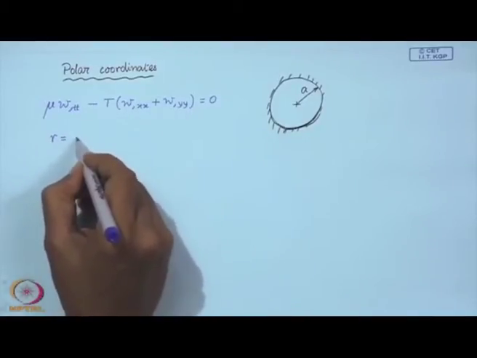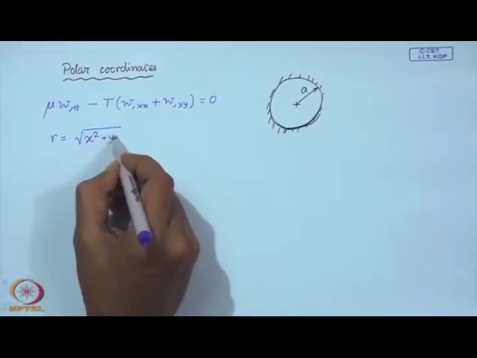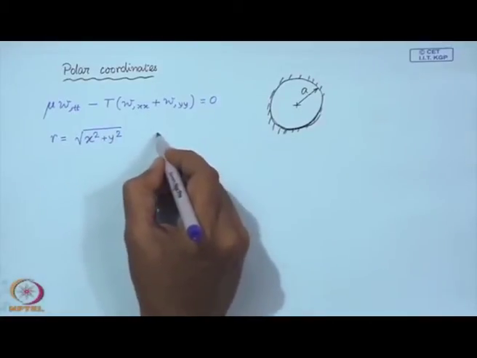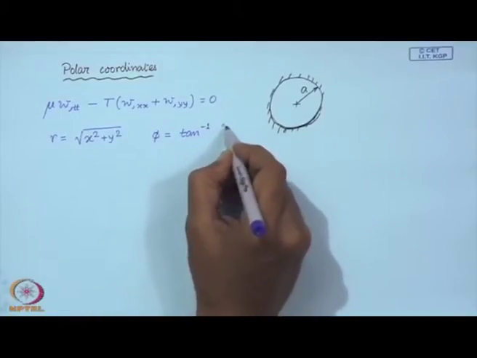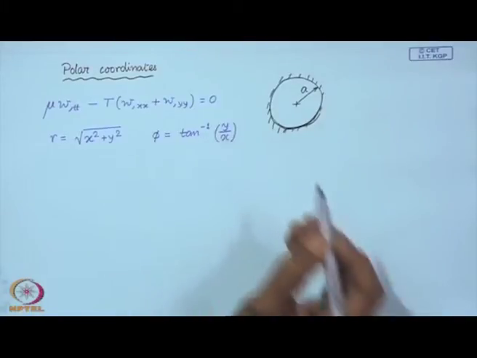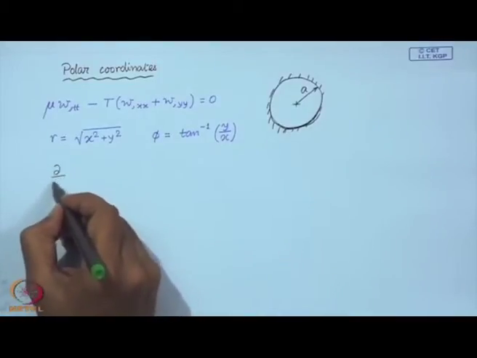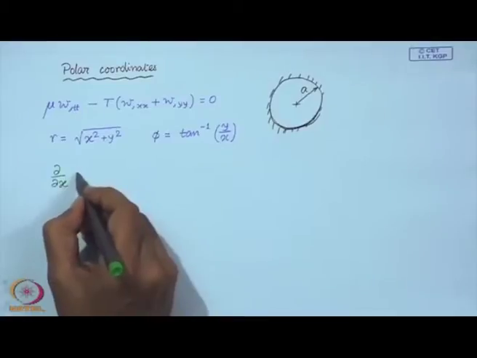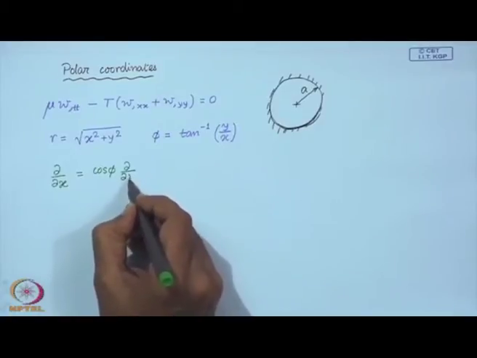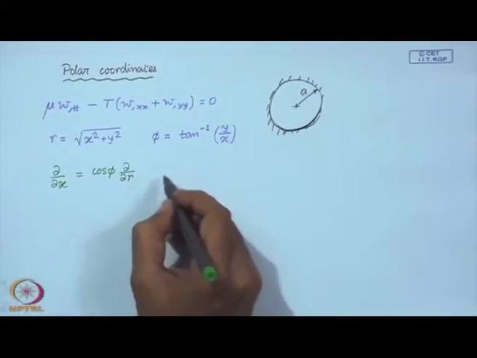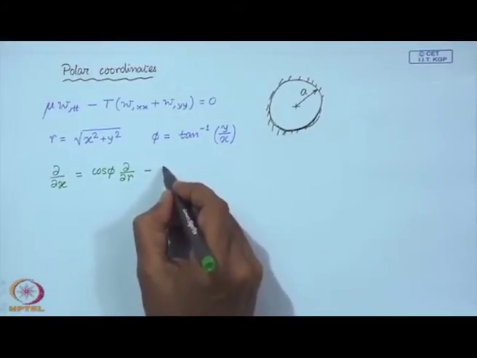If you consider that the radial coordinate r is square root of x square plus y square and phi is tan inverse y over x, then using this you can derive these operators del x in terms of derivatives with respect to the radial and the angular coordinate.